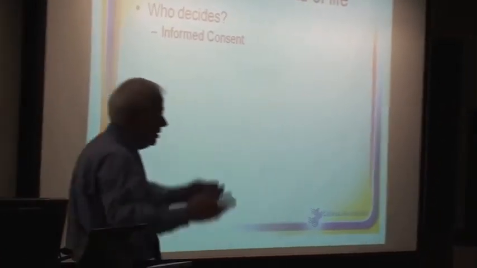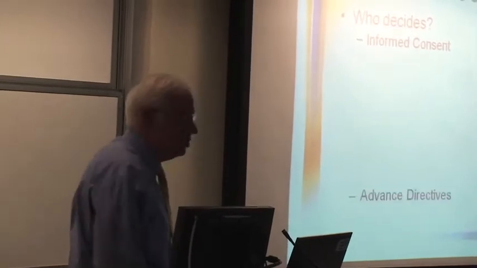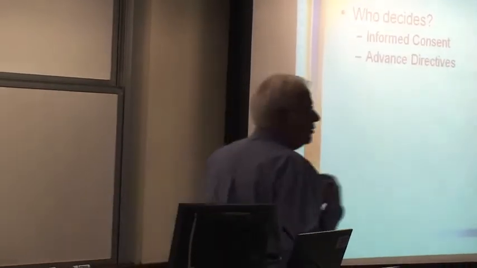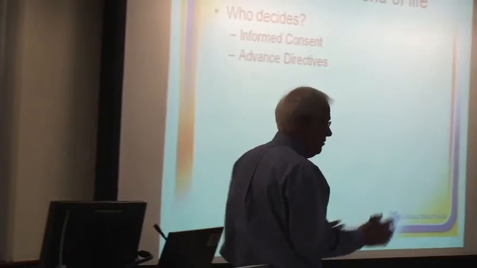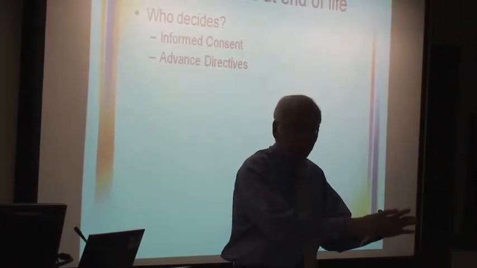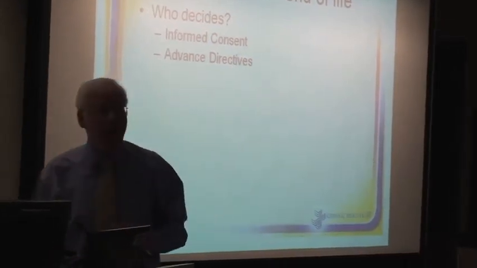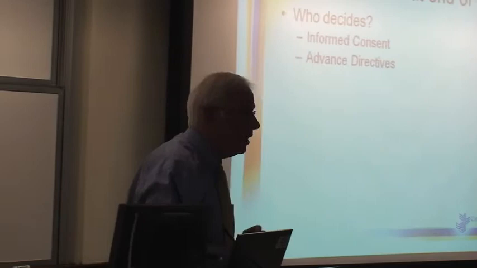So usually when patients come in and tell us what they want, we go along with them. When they're not able to, we look to what they've said previously. Either they've done a treatment directive, for example a living will that says if these conditions happen, do this, or they say, I want you to listen to my husband.